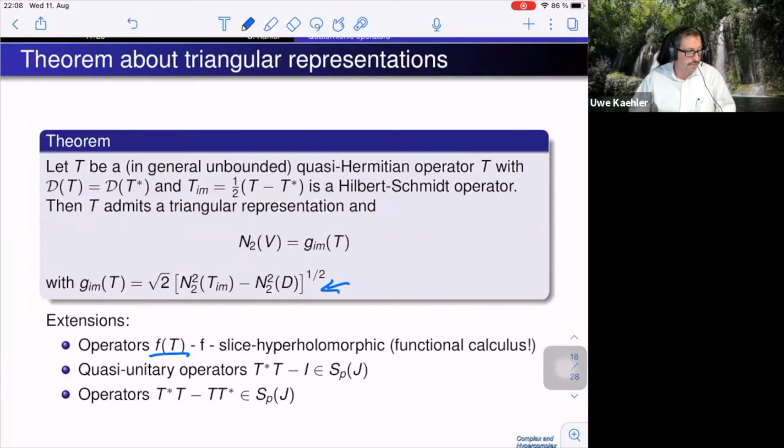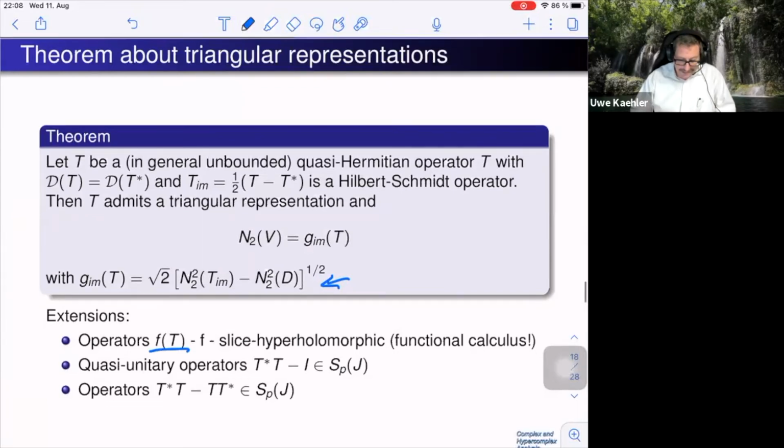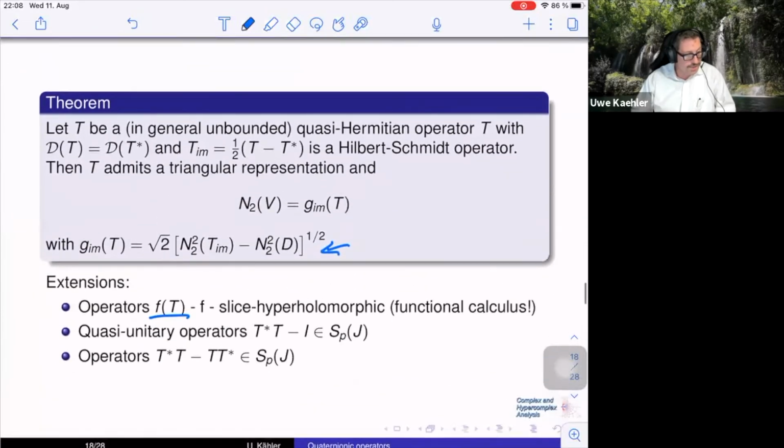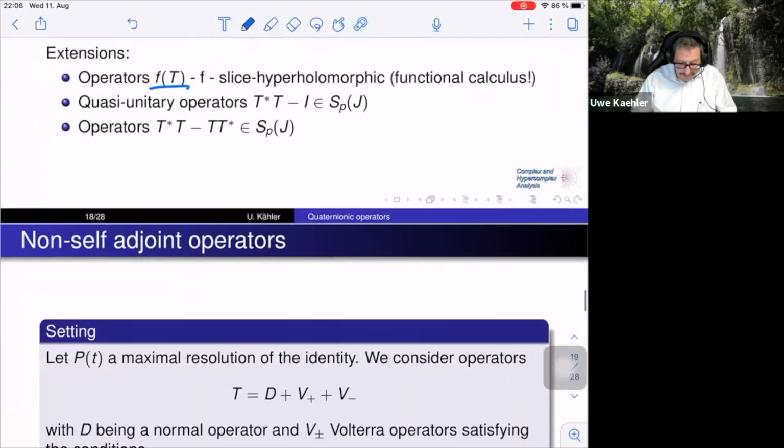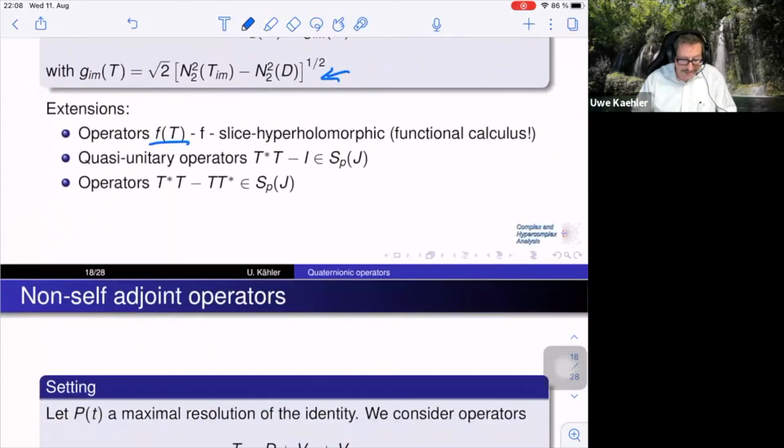So almost normal operators where the difference is also in a Schatten class. This is basically for us the question of self-adjoint operators or non-self-adjoint operators. Now, we have the triangular representations.